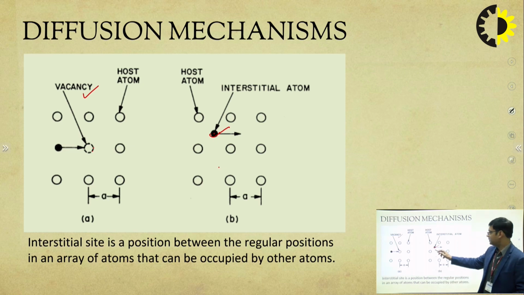And if this interstitial atom moves from one interstitial position to another directly, then it is known as the interstitial diffusion mechanism. So there are three kinds of diffusion mechanisms: the vacancy or substitutional diffusion mechanism, the interstitial diffusion mechanism, and the interstitialcy diffusion mechanism.